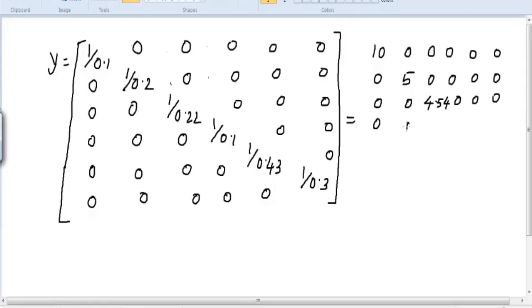Next, fourth row, 10. We have already calculated it. Fifth row, 1 by 0.43. What is the value of 1 by 0.43? 2.32. And last, 1 by 0.3. 3.33.